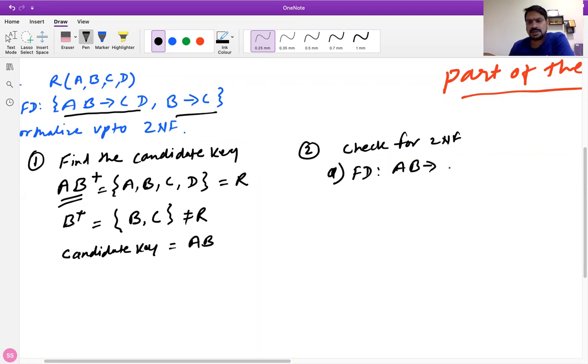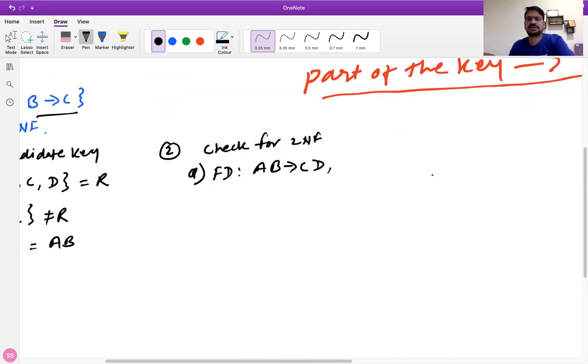AB determines CD. Does this satisfy the second normal form? AB determines CD, because AB is the key itself. It is not a part of the key. So if it is not a part of the key, it means it satisfies the second normal form.